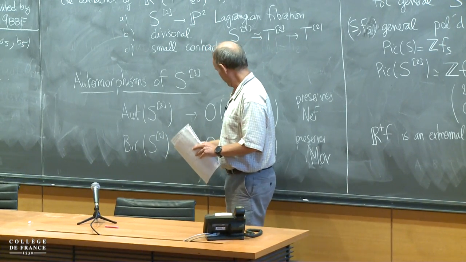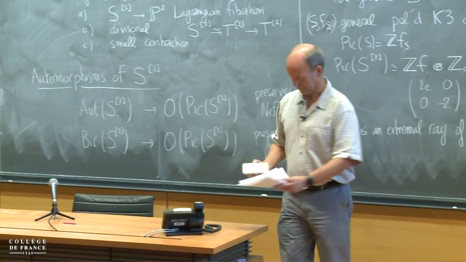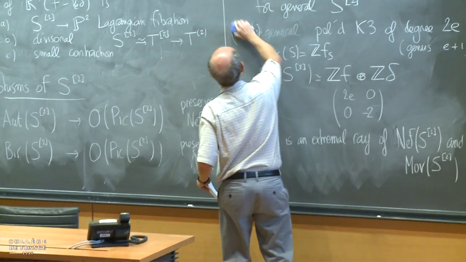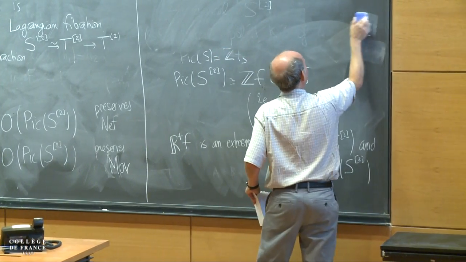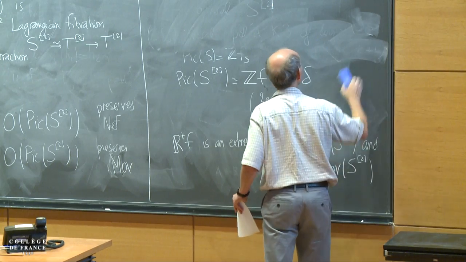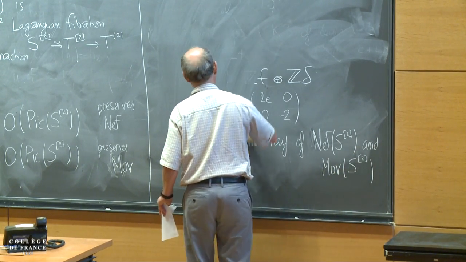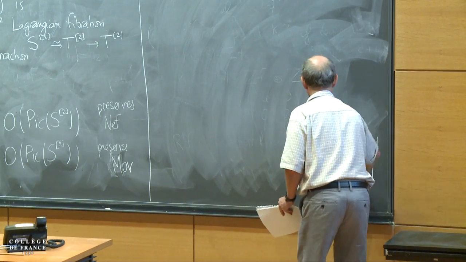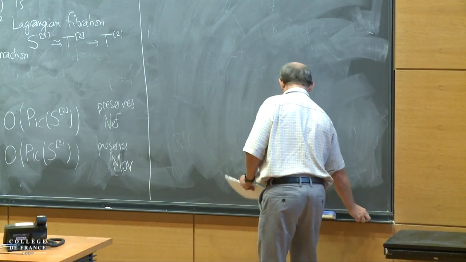So the kernel of this map here is contained in the automorphism group. Okay. So this allowed people I mentioned earlier, Boissier et al., to identify what the automorphism group of a Hilbert square of a very general polarized K3 is.